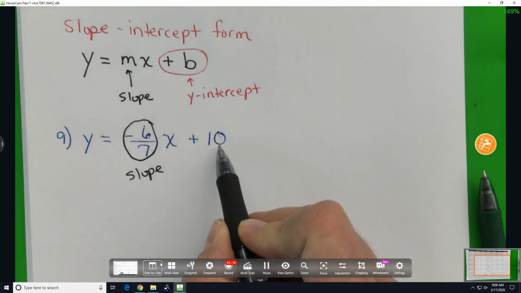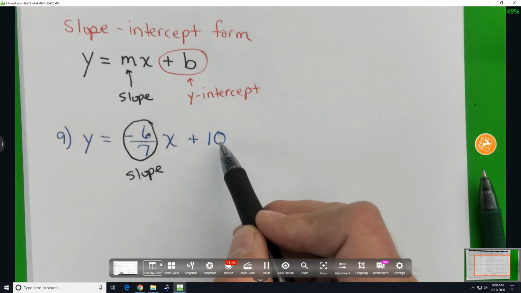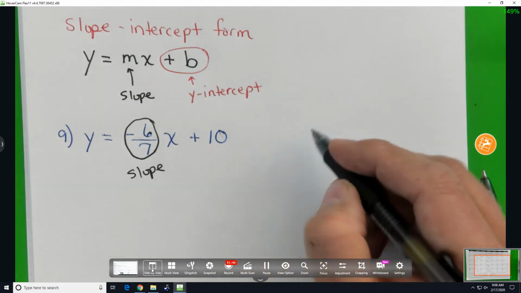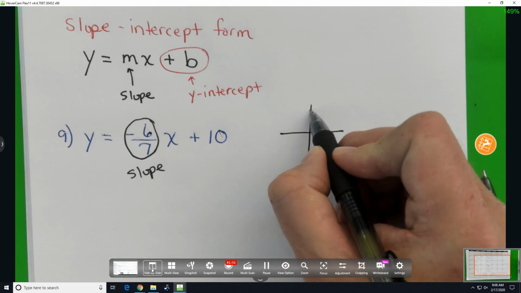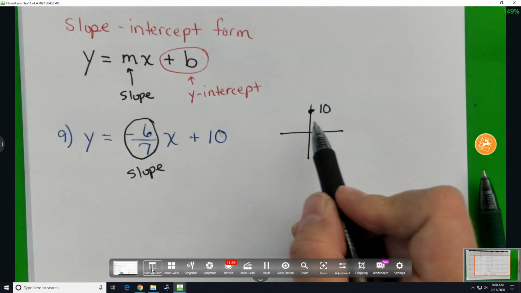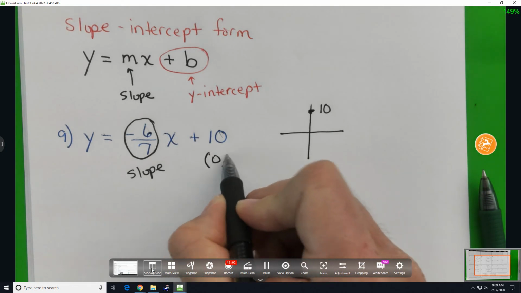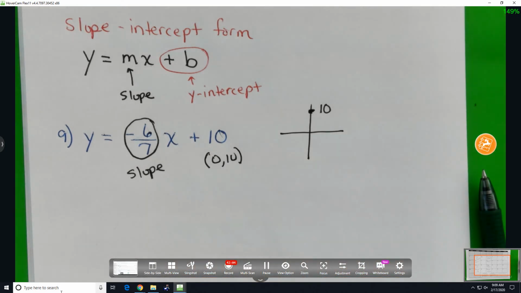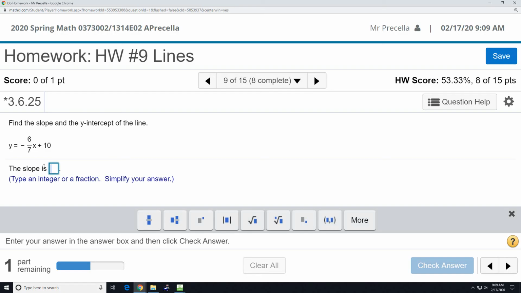And over here, this is the y-intercept from the 1980s definition. If it's passing through the y-axis at 10, we have to write that as an ordered pair. 10 on the y-axis, what would that ordered pair be? Is it 10, 0 or 0, 10? 0, 10. Okay? So I did do a little scribble just to show my thoughts.